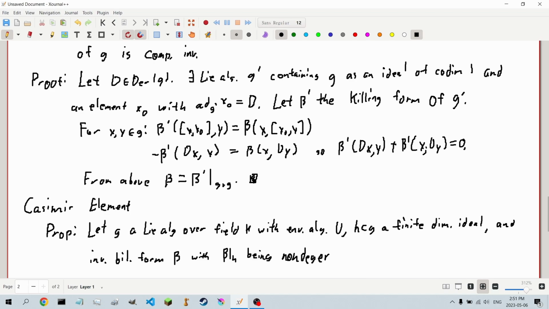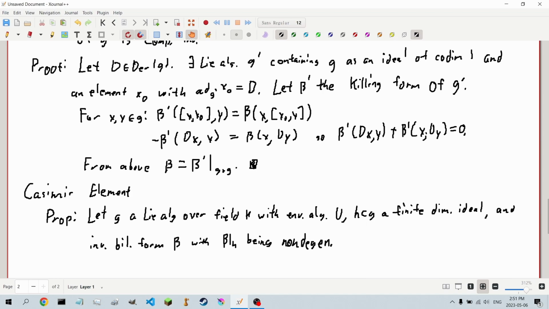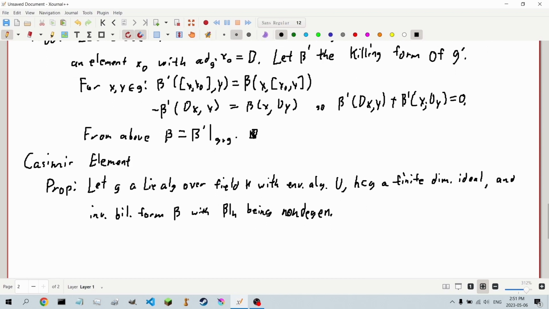Which I should look up. I'm pretty sure that just means it has a non-zero determinant, right? Now we're going to pick out two bases for H. One we're going to call E, and the other we're going to call E prime. Both have n elements.